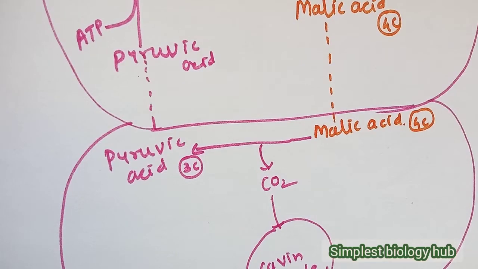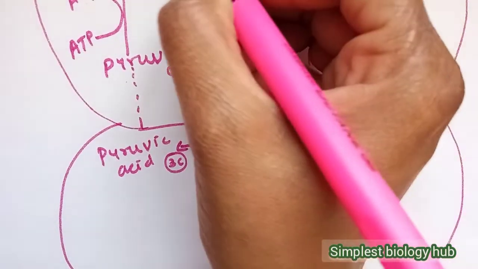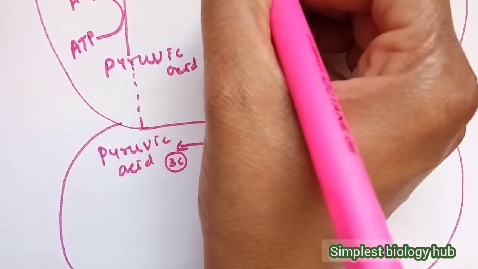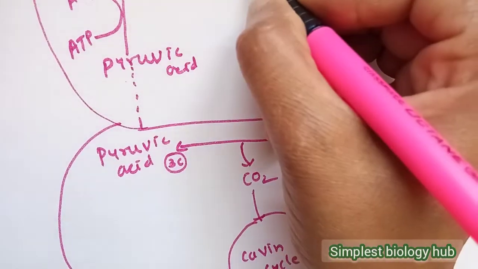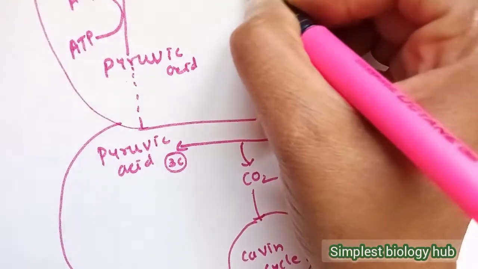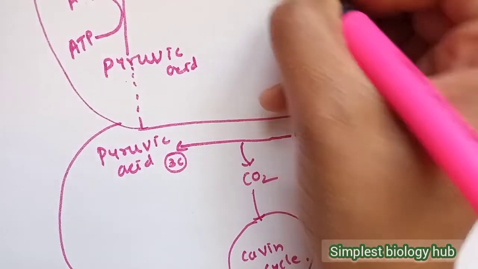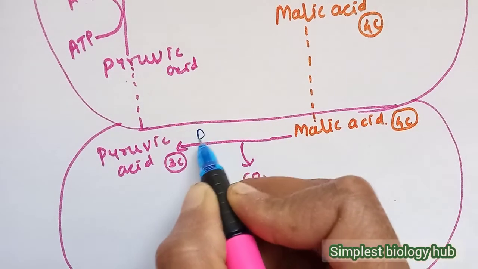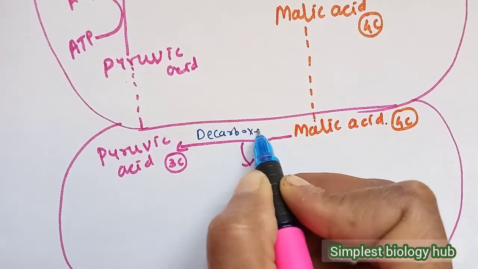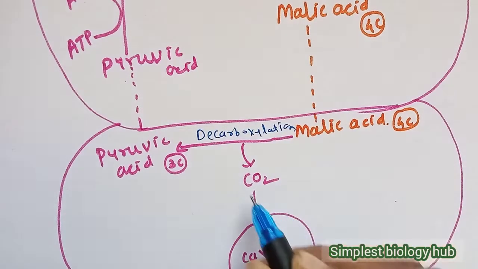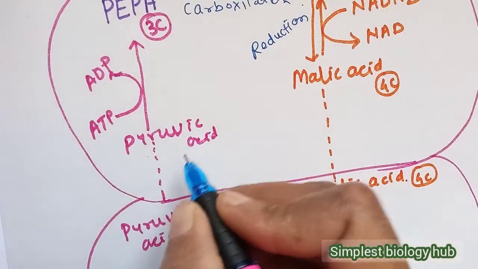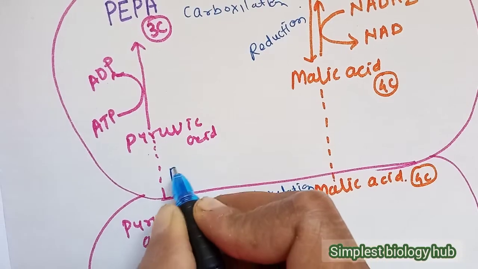Now we give names to the processes. The first process, addition of carbon dioxide, we call carboxylation. The second process is reduction, because it is reduced to malic acid. The third process is decarboxylation, where again the carbon dioxide is removed from malic acid, and the fourth process is phosphorylation.